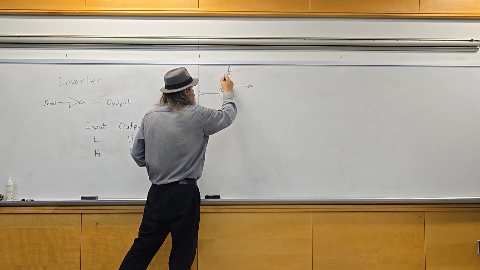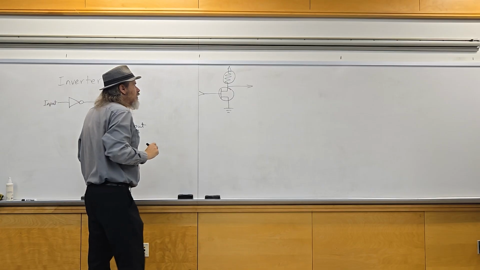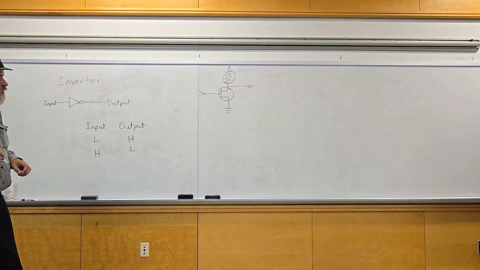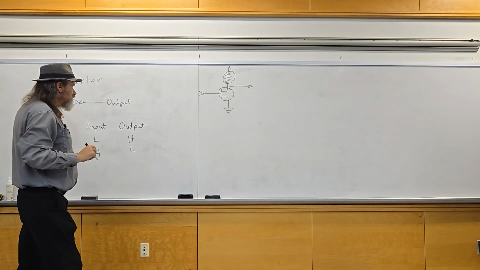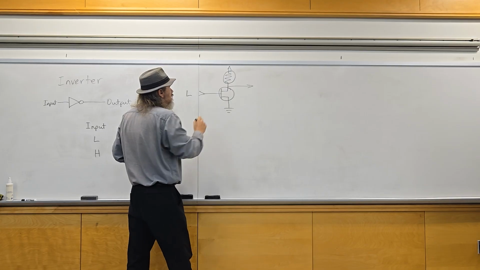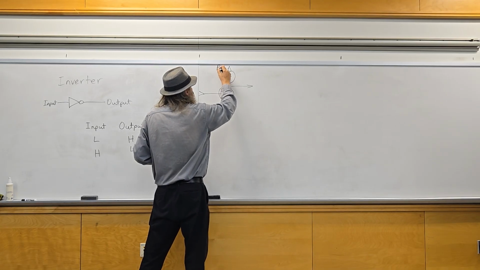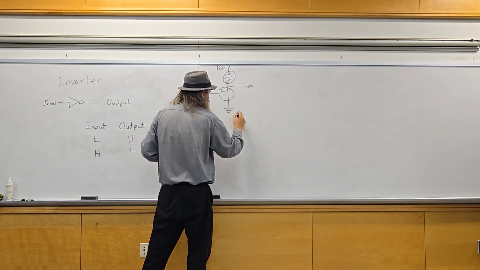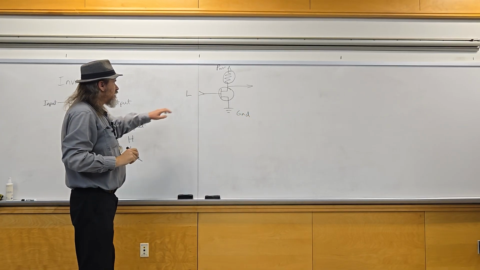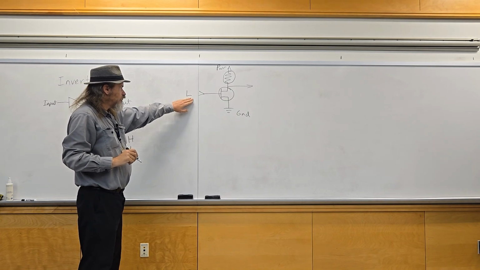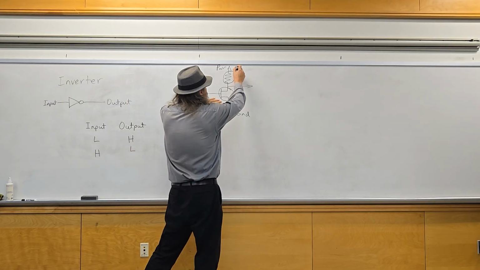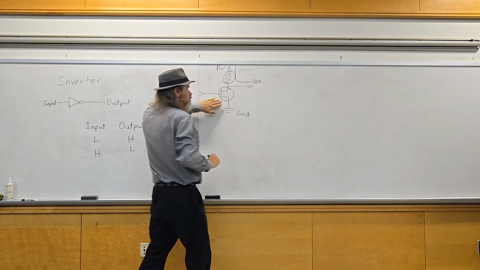This is a resistor. This is power, and this is ground. If the input is low, this transistor is turned off, so the power goes out that direction.